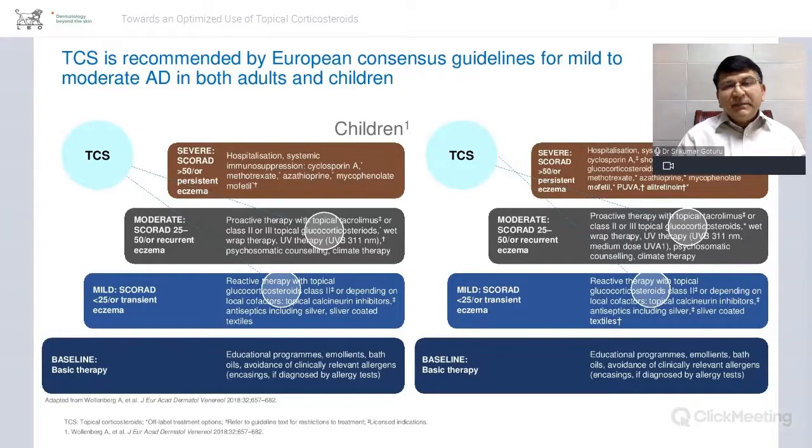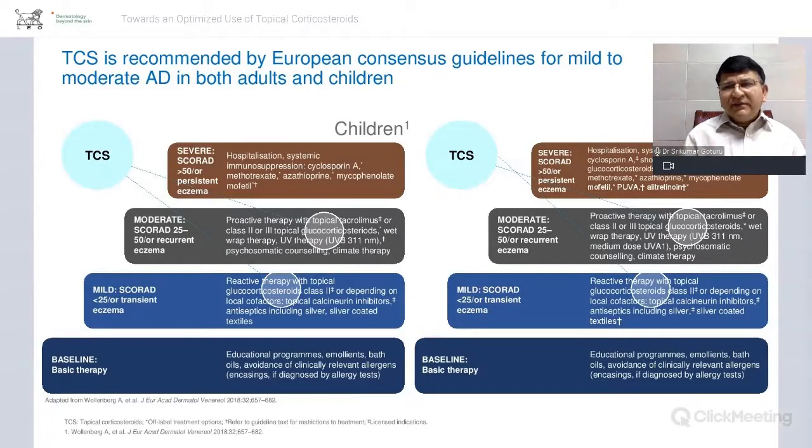And when you make a decision to use a systemic therapy, remember that very few agents are really licensed. In fact, I would say that probably Dupixent is the only licensed treatment. Cyclosporin is not licensed in the United States. It is licensed in the European Union, of course.